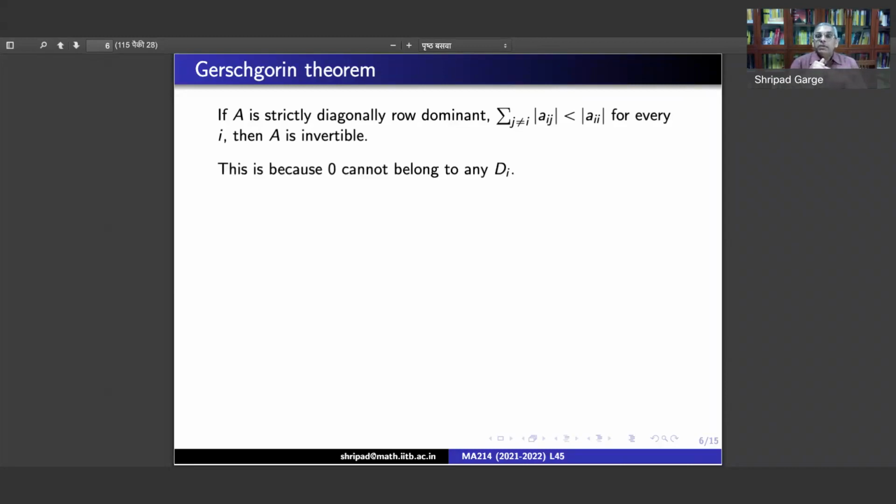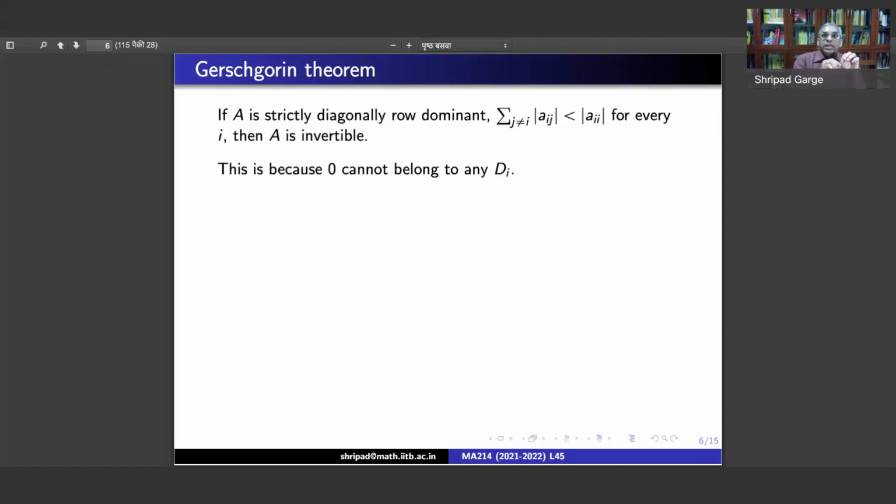But if you have this property that the summation of mod Aij, where j is different from i, is less than mod Aii, then those disks Di will not contain 0, because the center has modulus bigger than the radius.